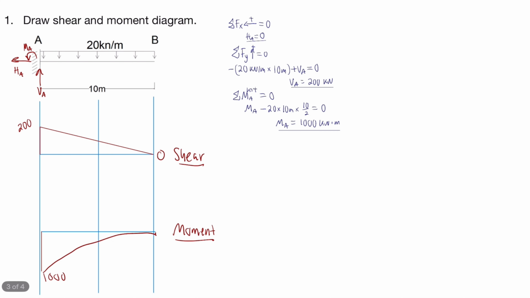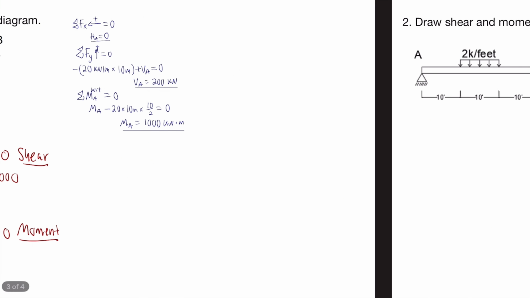So we will choose to draw like this. And we reach 0 because we draw the moment depending on the area of the shear. So we do 1/2 the base, which is 10 meters, times the 200, the height, and we get 1000. Since we started off at negative 1000, and then we add it, we will reach 0 moment, which is what we wanted to achieve. And those are the completed shear and moment diagrams for this problem.